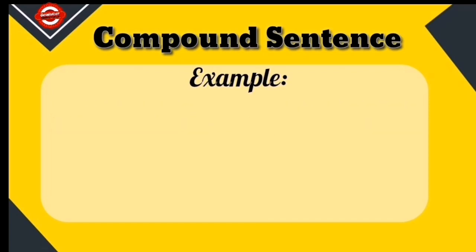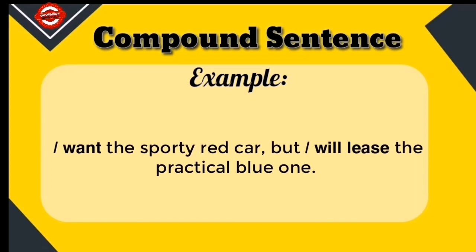For example, I want the sporty red car, but I will lease the practical blue one. In the sentence above, the subjects are italicized and the verbs are in bold. The first half is a complete sentence because it contains the subject I and the verb want, and it can stand alone.